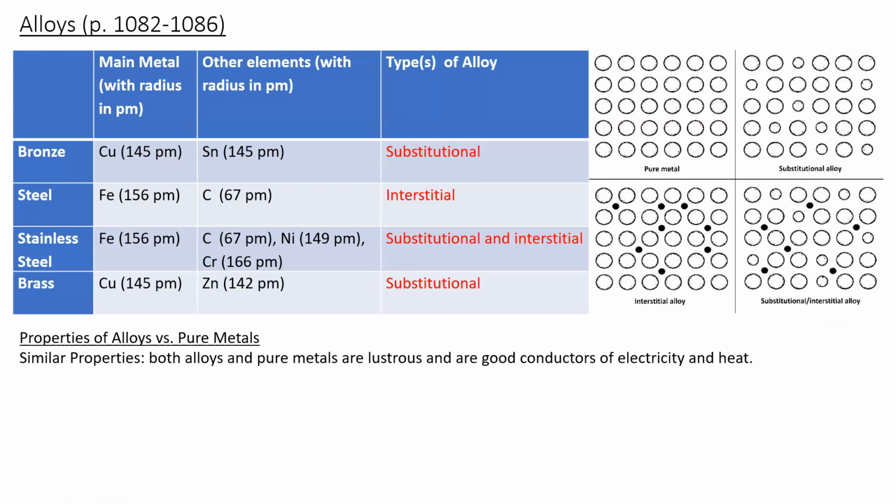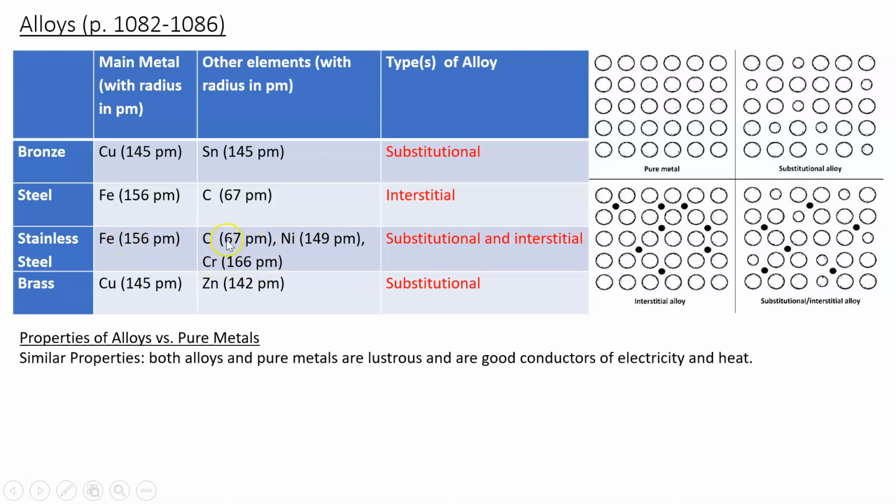So for the next table, you can try it on your own and check your answers. Because these are the same size, we would say this is a substitutional alloy. Iron and carbon, there's a pretty big difference between their size. This is over double the size, so we would call that an interstitial alloy. Fe and carbon and nickel and chromium.